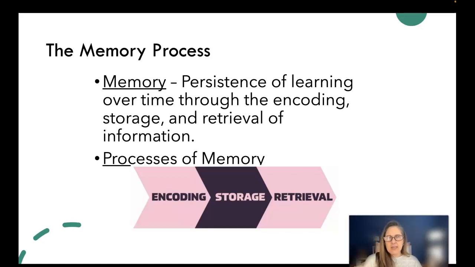It's just that storage and retrieval you often hear in other contexts, but encoding, there's probably only one or just a few contexts in which you hear that word other than in talking about memory. So you may have already guessed that I'm talking about computers. When we talk about computers and how computers work and some of the things that we do with computers, we often use those terms: encoding, storage, and retrieval.